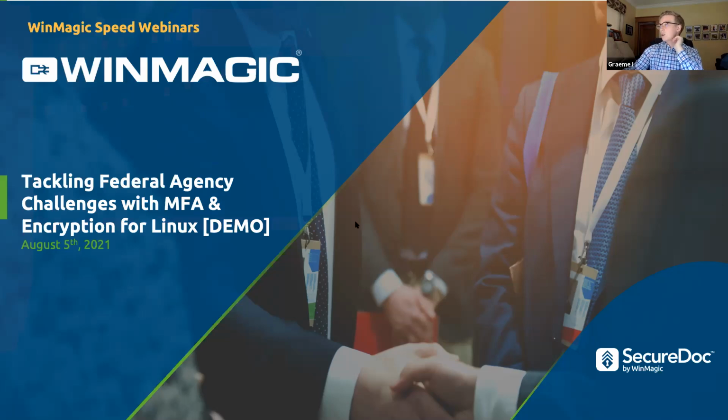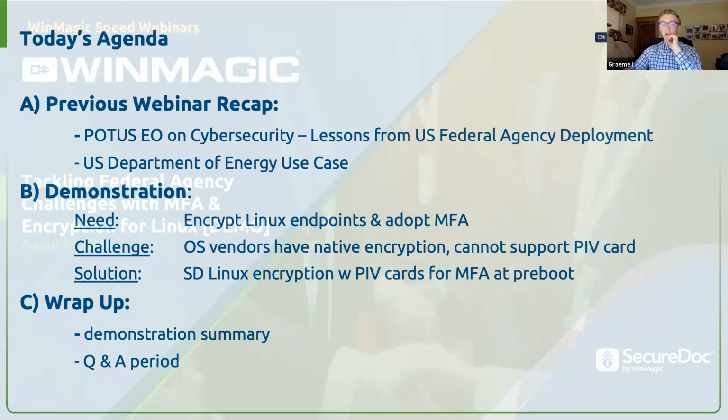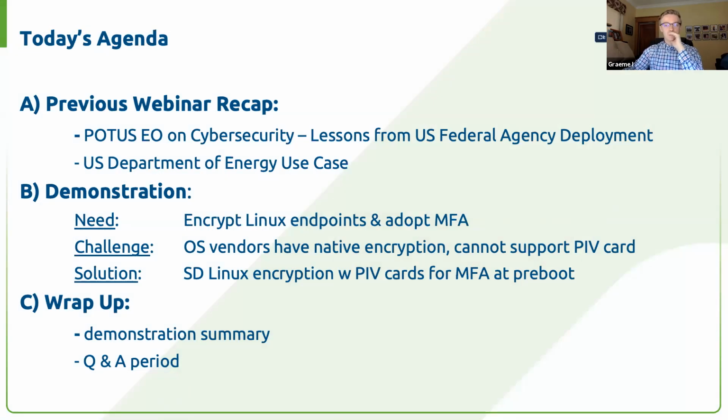With that, let's go through today's agenda. In terms of a quick summary of what we're going to be talking about today, we'll have a quick recap on our President of the United States Executive Order on Cybersecurity, lessons learned from a U.S. federal agency deployment webinar. Long title, I know, but bear with me.